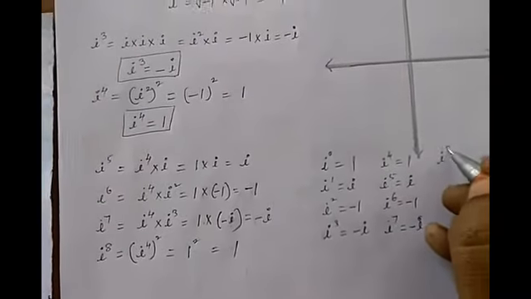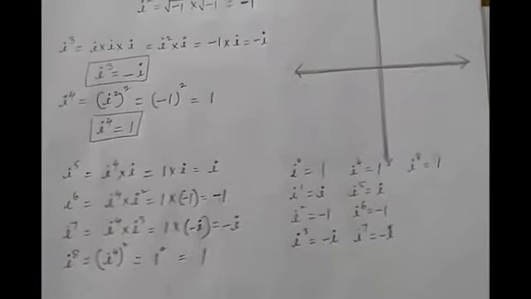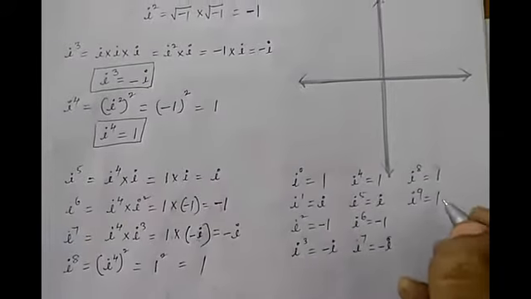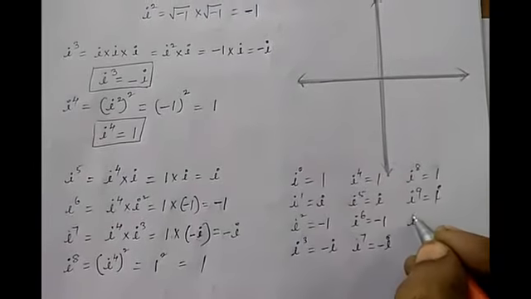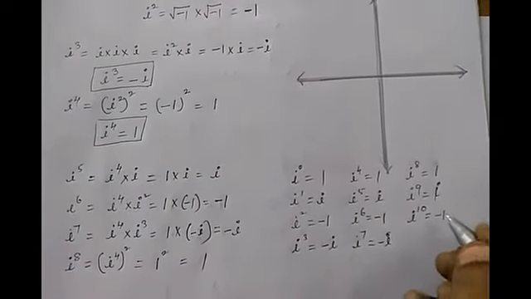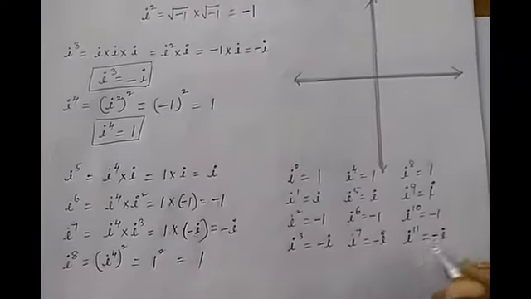Again, i power 8 equals 1. Similarly, we get i power 9 equal to i, i power 10 is equal to -1, and i power 11 equals minus i.